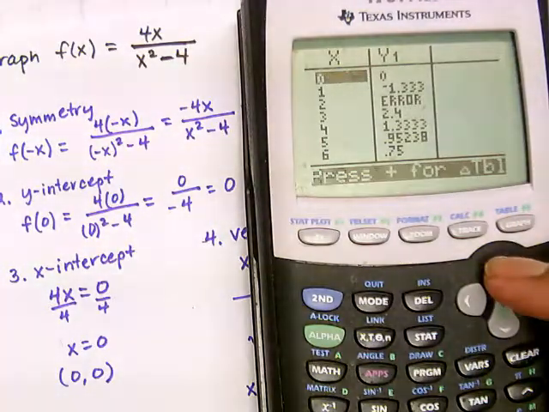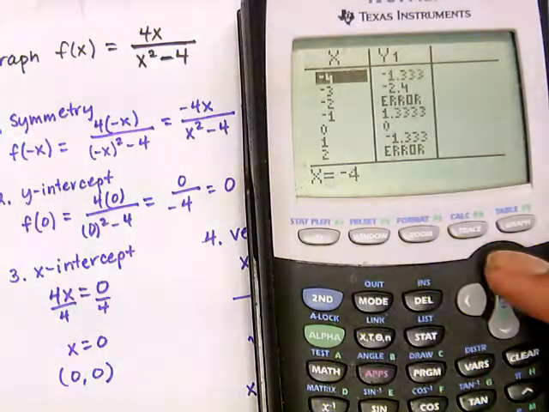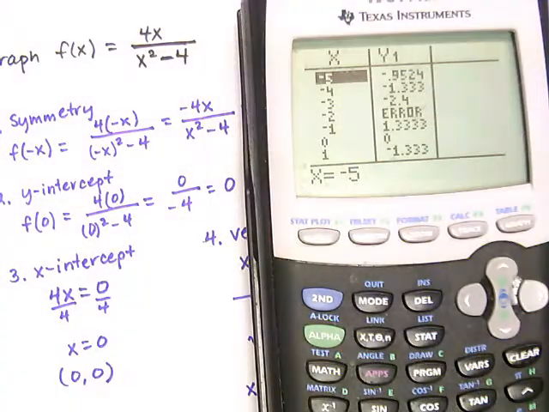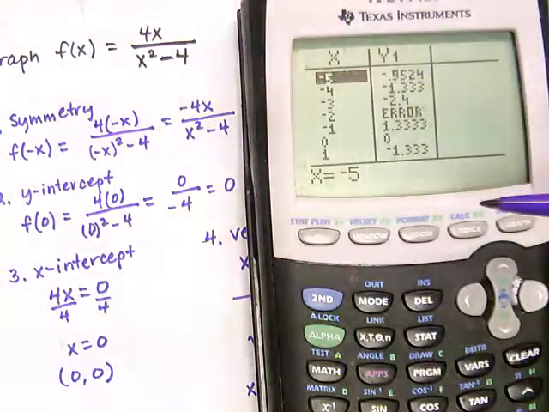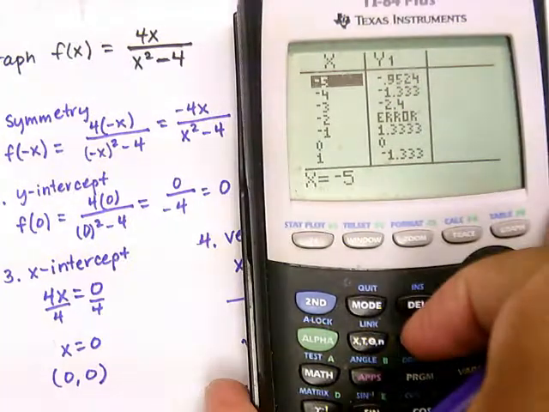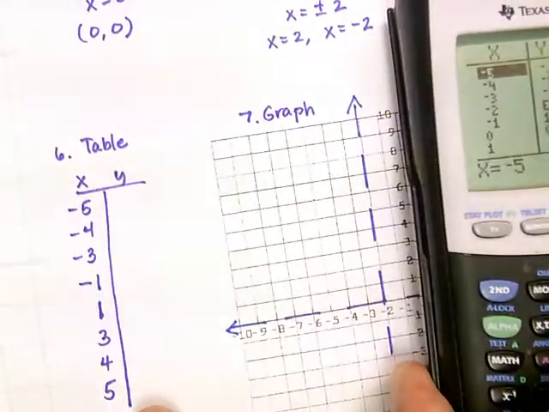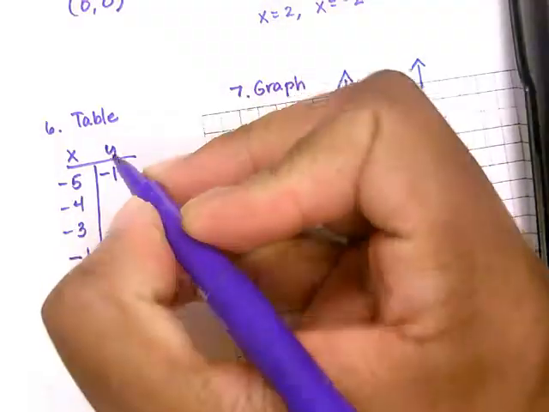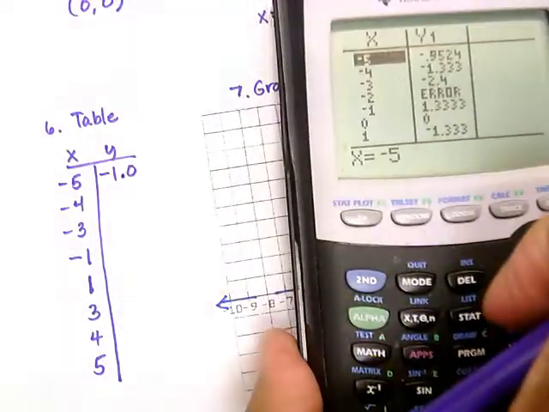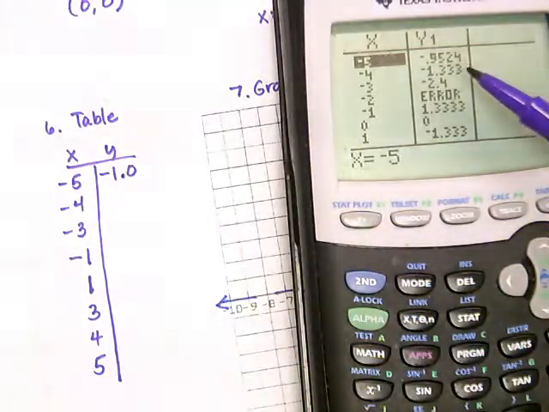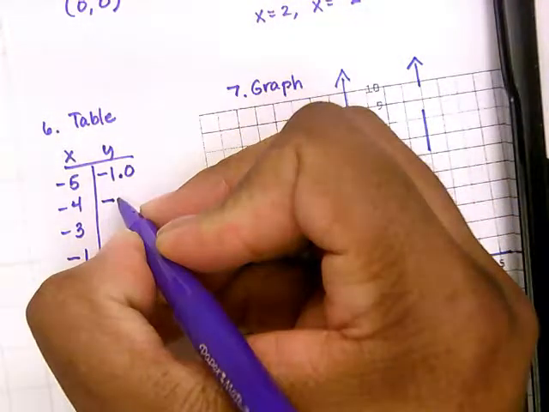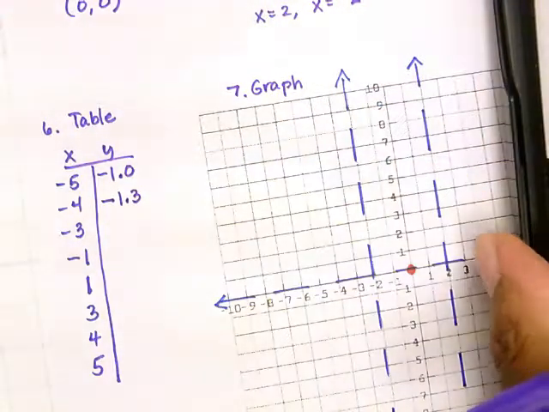And in my case, I'm going to use the up arrow key to get my x values here. And I'm going to round each of these off to 1 decimal place. So for like x equal -5, I got -0.9524. Let's round that off to like -1.0. We know it's not exactly -1, but we're just rounding. And then for -4, that will be -1.33, or just -1.3.